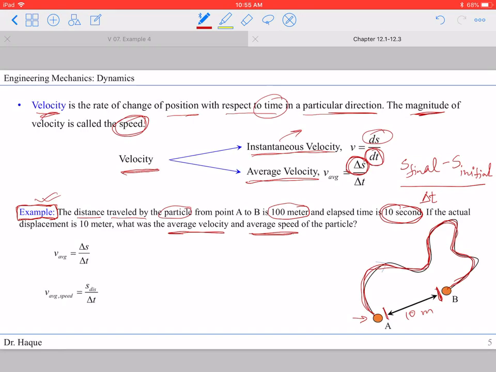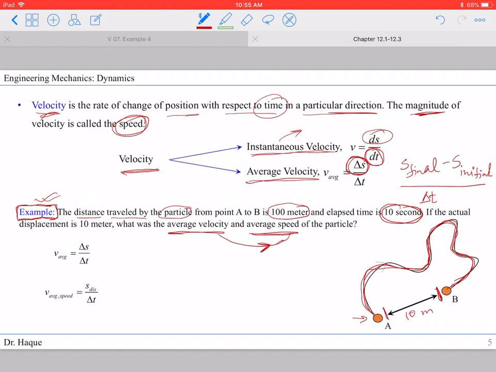So we know that the speed is the magnitude of velocity. We may think that the numerical value of the velocity and speed may be the same, but let's see.